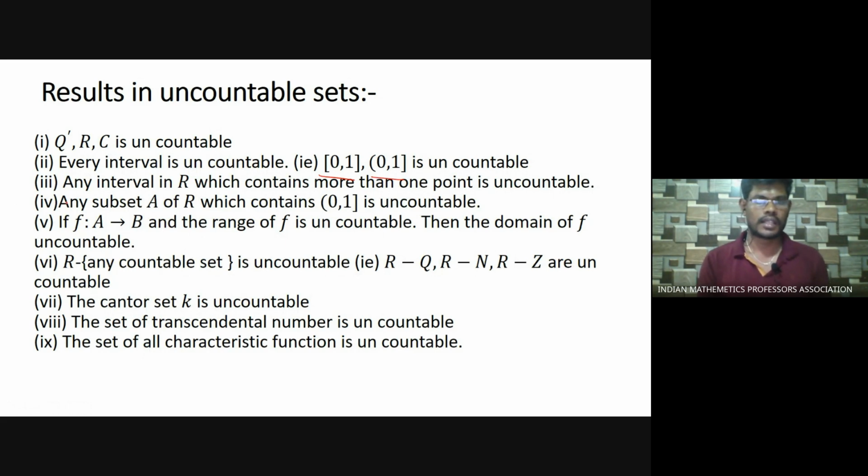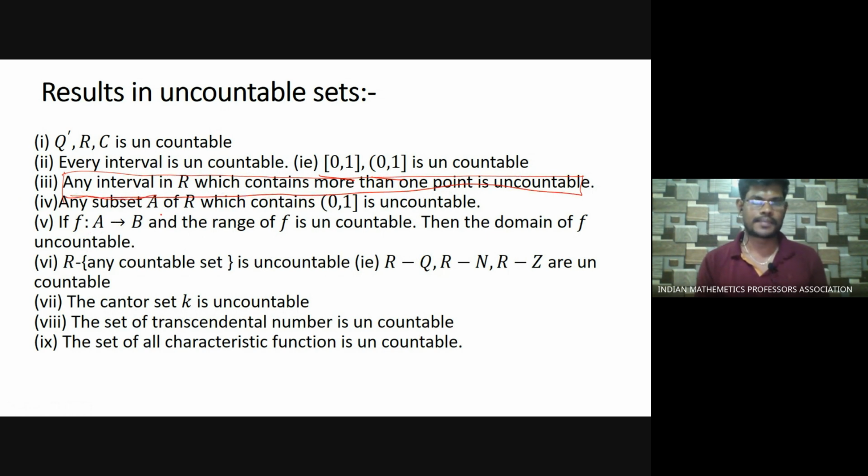The third one: any interval in R which contains more than one point is uncountable. In the real field, more than one point gives an uncountable set, and this is very important. So kindly make a note of it. You can expect this type of points in our examination.